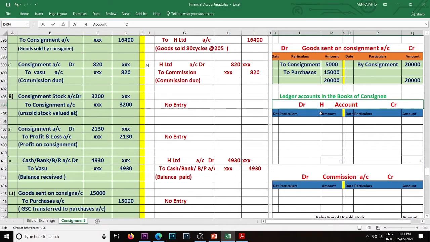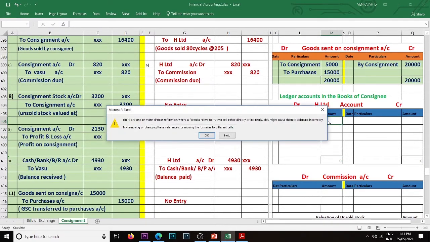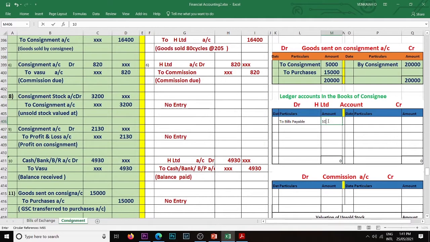H Limited account debit, bills payable, 10,000 to bank.